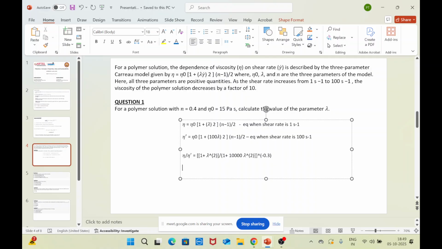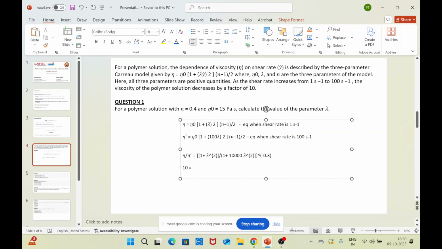So eta by eta dash, it says that as the shear rate is increased, the value of viscosity decreases by a factor of 10. So eta dash is going to be eta by 10. That means eta by eta dash is going to be 10. Or you can say eta dash is 0.1 times eta, or eta is 10 times eta dash.